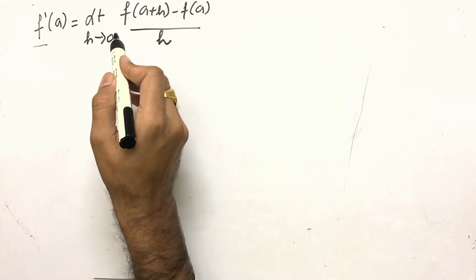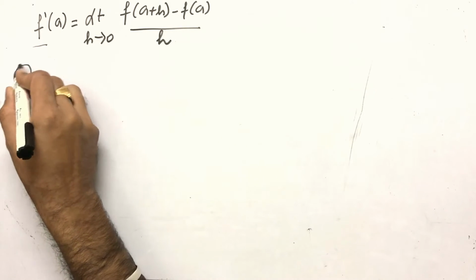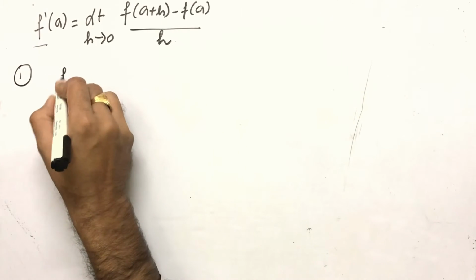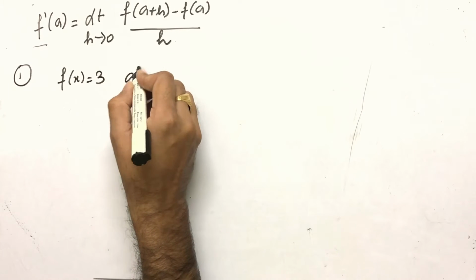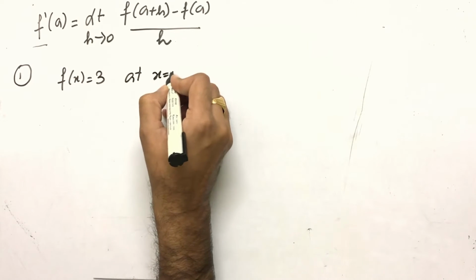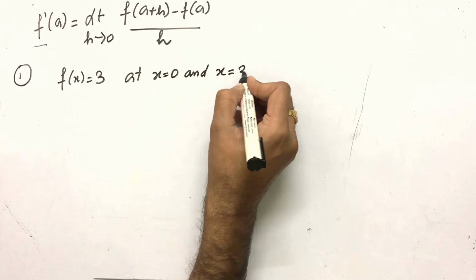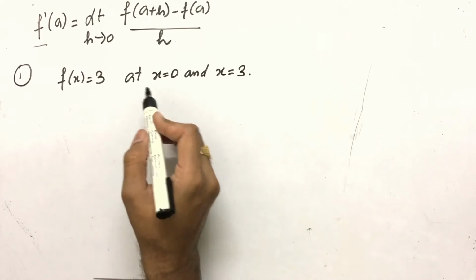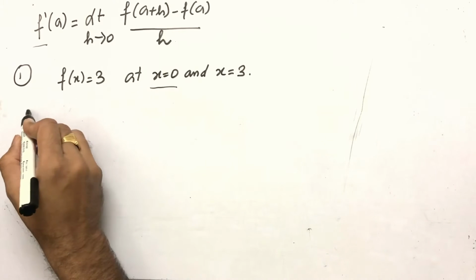Now how can we use this formula to solve numericals? Let us find the derivative of the function f(x) = 3 at x = 0 and x = 3. So let us start. First we find the derivative at x = 0.